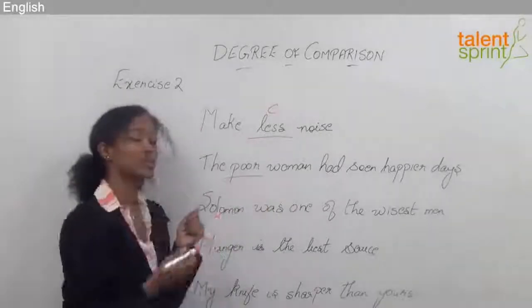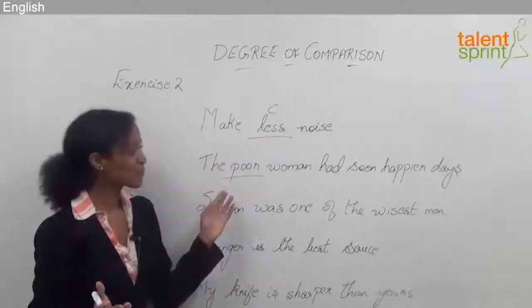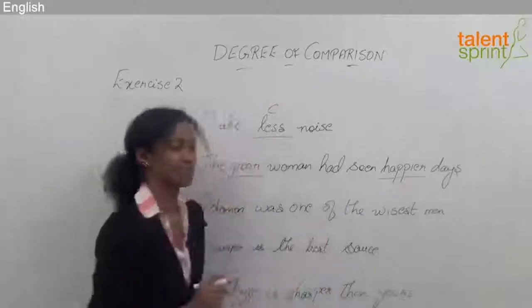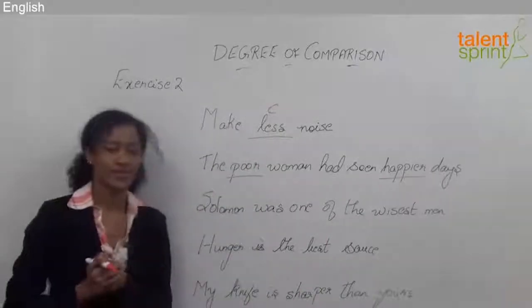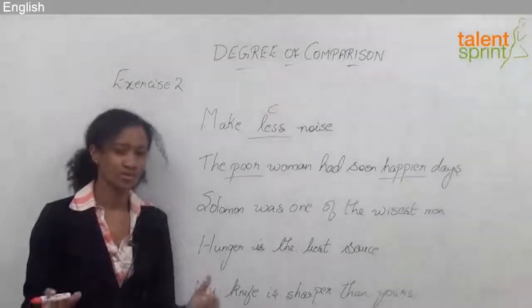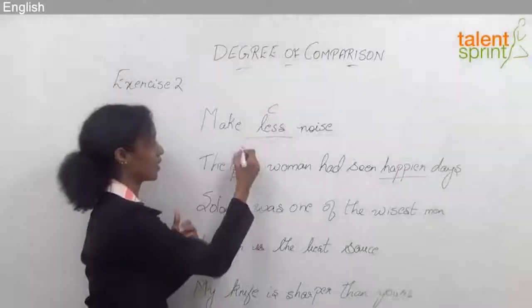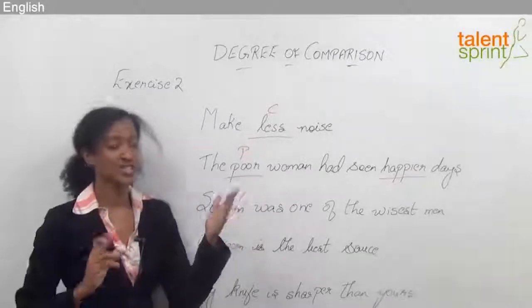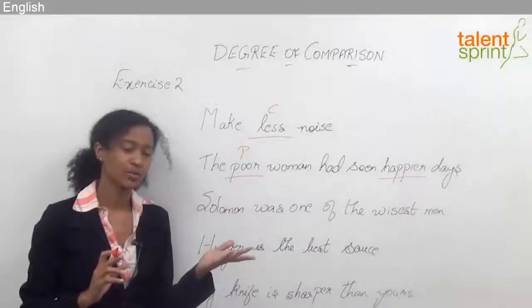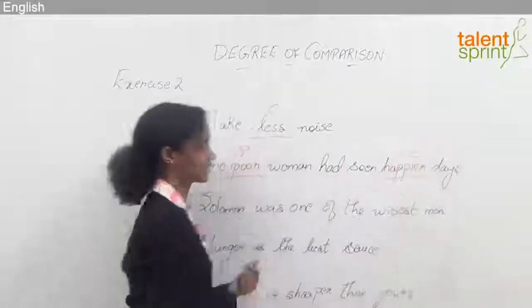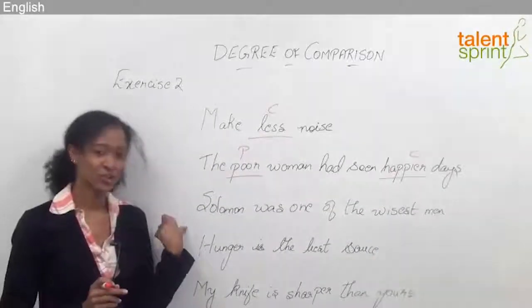So poor here is an adjective, and then I have another adjective, which is happier. What degree of comparison is this? Poor. Simple quality, right? So it's a positive degree of comparison. Happier. She's seen happier days. Which one do we add ER to? Comparative. Alright, let's move to the third one.